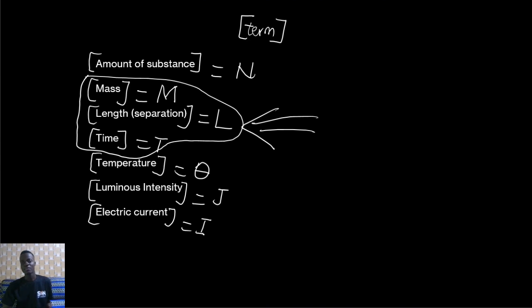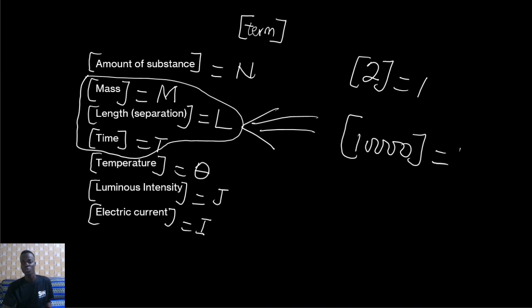Note, however, that some of the equations will have numbers inside. If you take the dimensional analysis of a number, the answer is 1. The dimension of any number, whether 10000 or 1 billion, is going to be 1. Let's keep that: the dimensional analysis of numbers or any constant is 1.